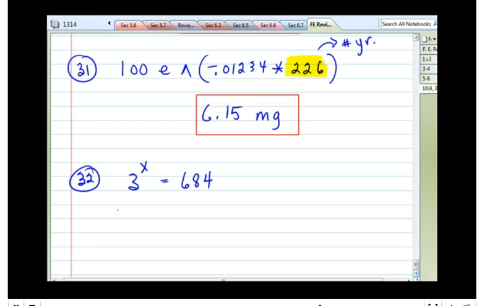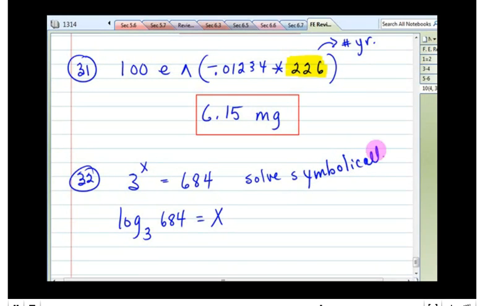Does it just have log base 3 of 684 equals x? Okay. Solving symbolically means get it into x equals form, like that. So you're not really solving for x, you're just doing it symbolically. So that's pretty easy. Remember that this is your base, this is your argument, here's your exponent. Exponent's always by itself. All right, so that's 32.